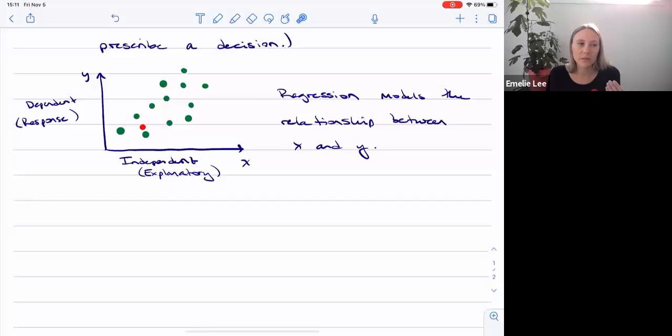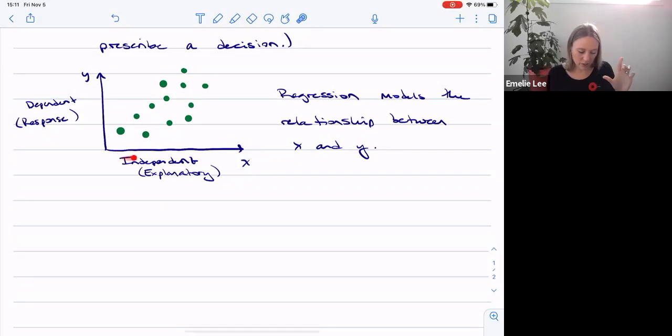A linear relationship means that we just have a straight line. The simple refers to having just one explanatory variable, whereas later we're going to talk about multiple regression, where we allow for more than one explanatory variable.